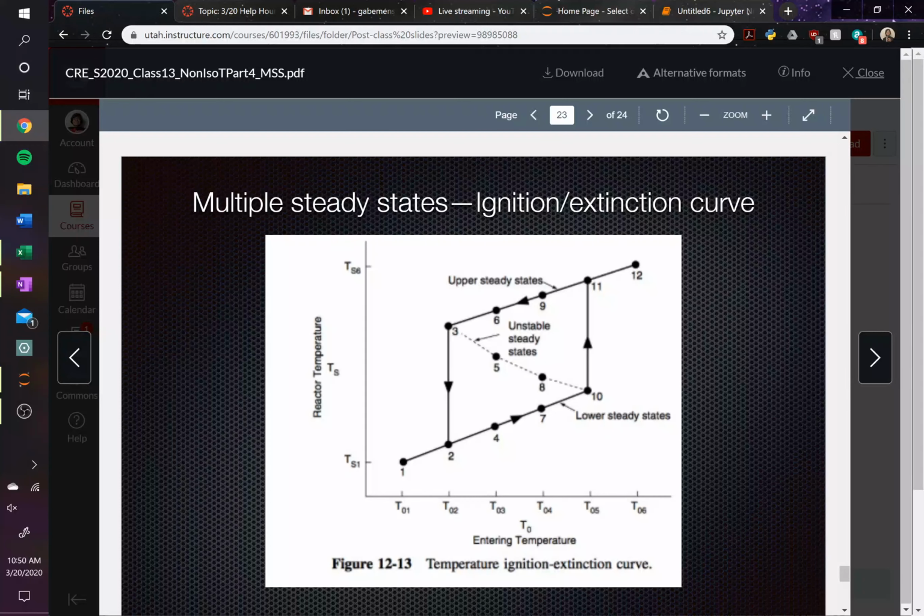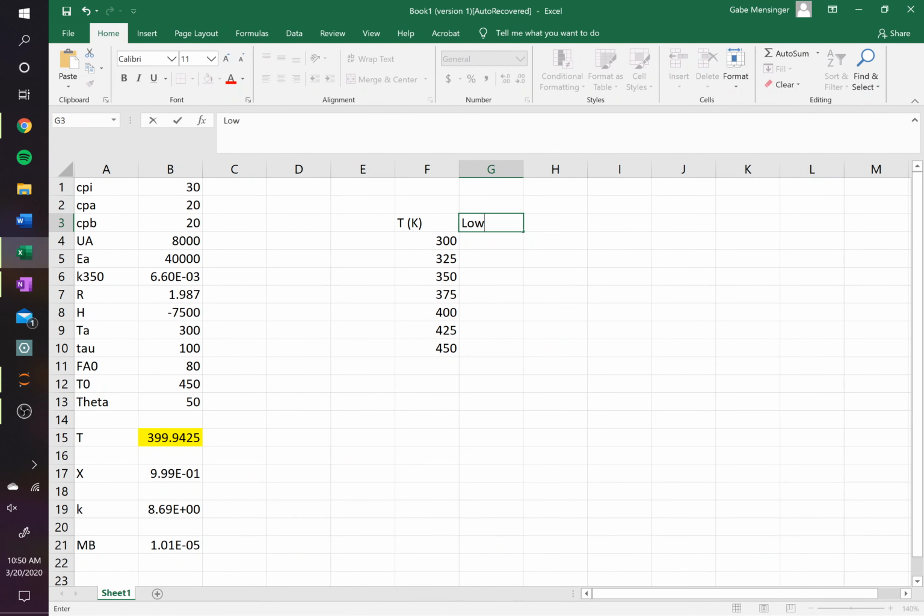And looking at this, it's going to be 2 independent lines, 2 independent solutions. So you're going to have a lower branch, or I'll just say lower T, and then you're going to have an upper branch that's also going to give you a temperature.